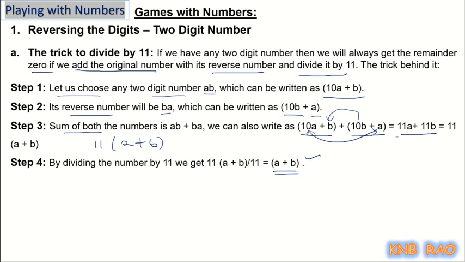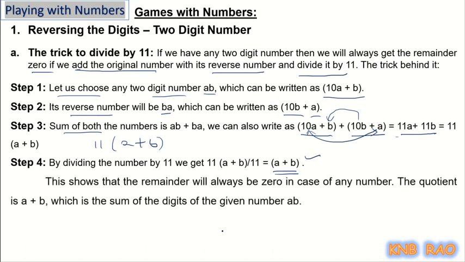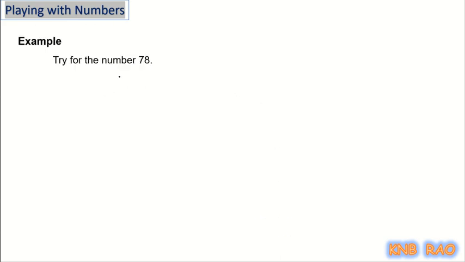So, a number added to the reverse of its digits will always be divisible by 11. It is because of this reason. Now, this shows that the remainder will always be 0 in case of any number. So, the quotient is the sum of the digits of the given number AB. For example, try for the number 78.